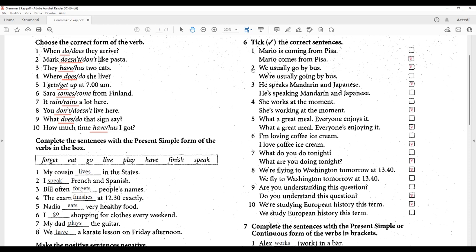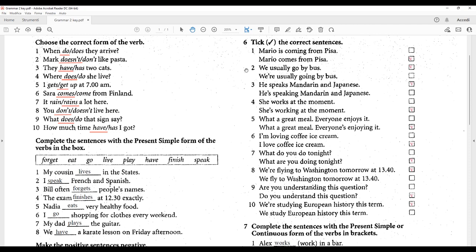So if an action expresses a routine, we use usually. It is something that we constantly do. We usually go by bus. Number 2, we are usually going by bus.